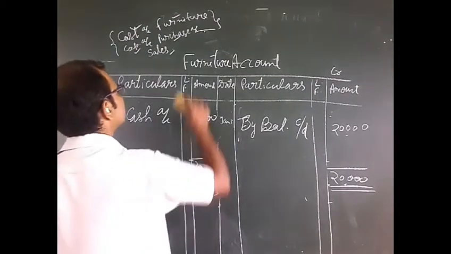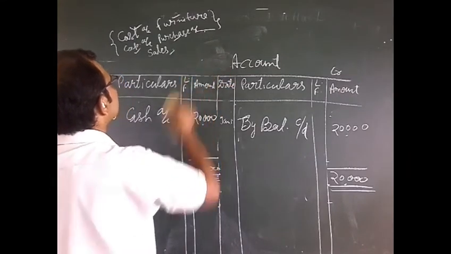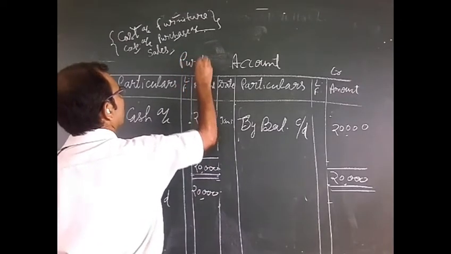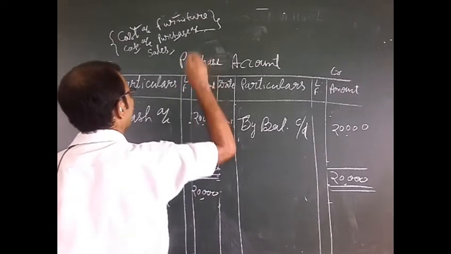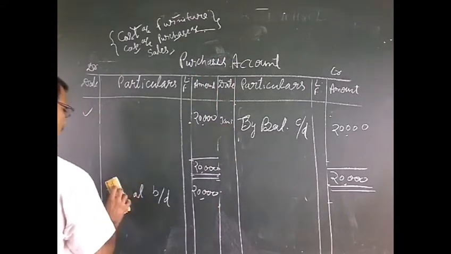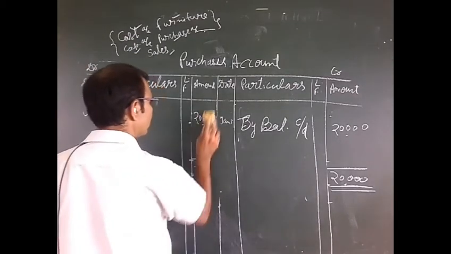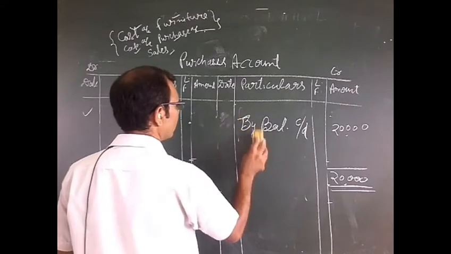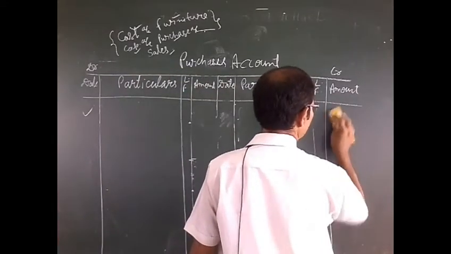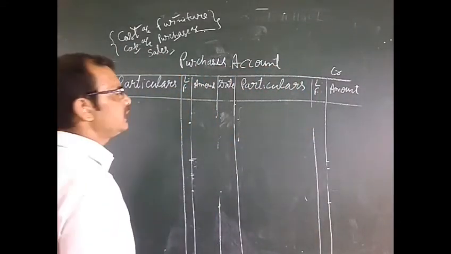Now we will see the next account, and the next account is purchases account. And what was the entry in journal?